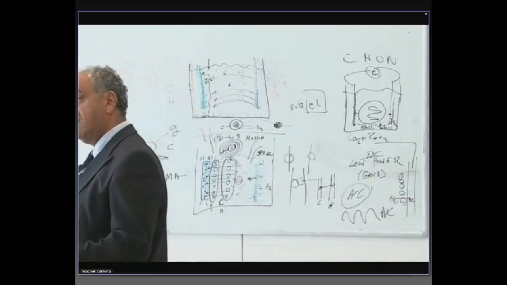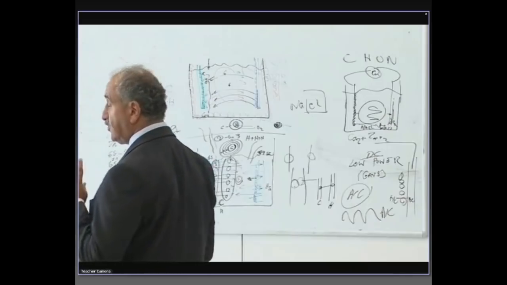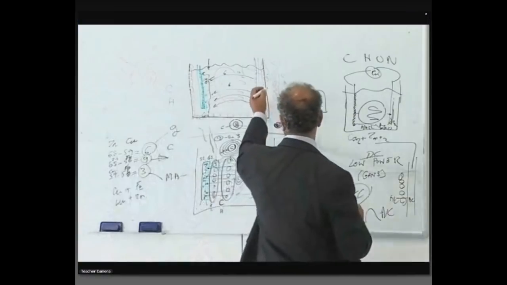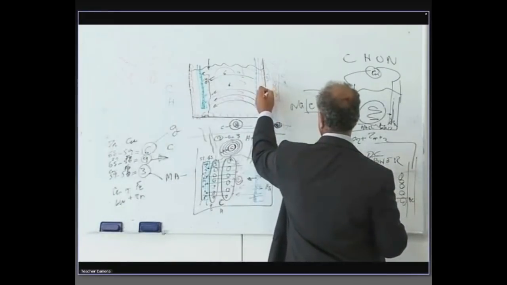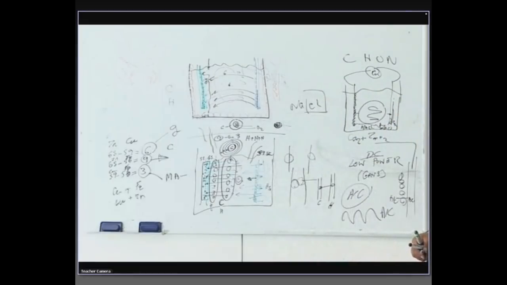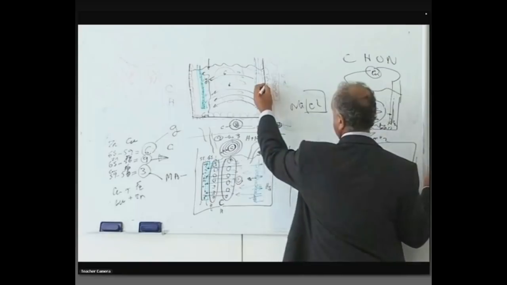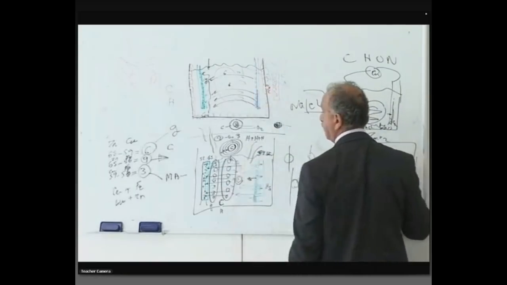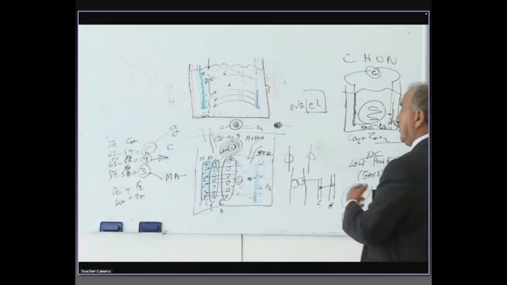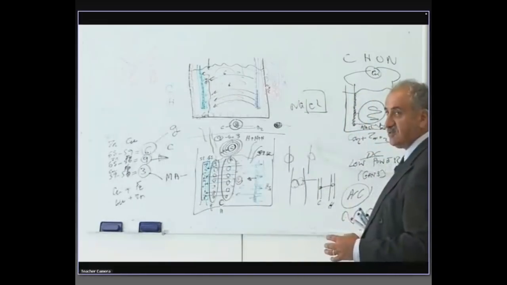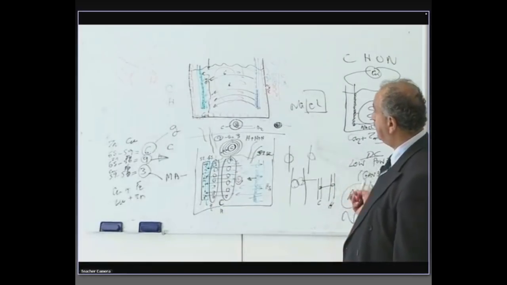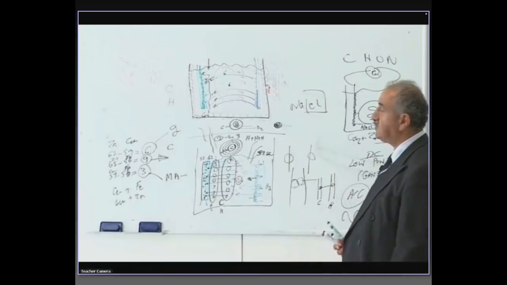Because don't forget, when you made a caustic, you didn't do a very good job. You left some sodium. That's why when you make a water unit, sometimes it works, sometimes it doesn't work, because you don't understand what you're doing. Now you understand the field, you understand the process.